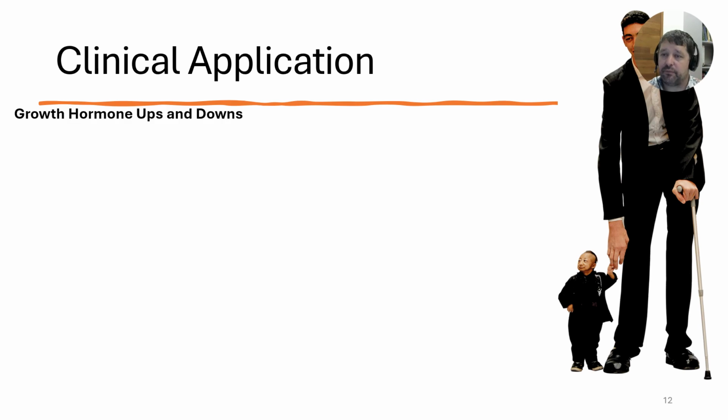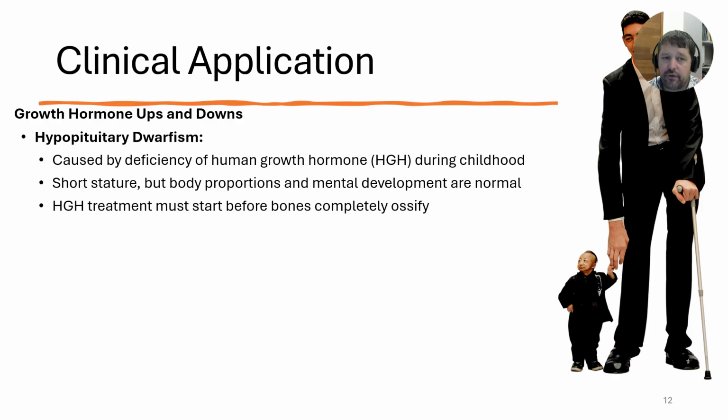All right, let's look at what happens when you don't have control. An example of this is growth hormone's inability to be controlled. You have hypopituitary dwarfism.